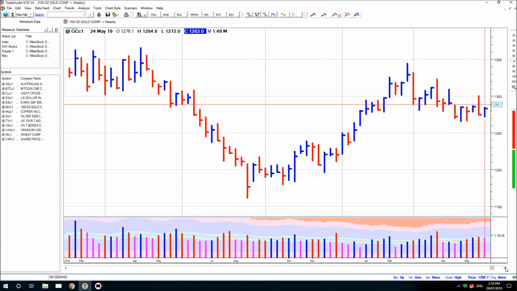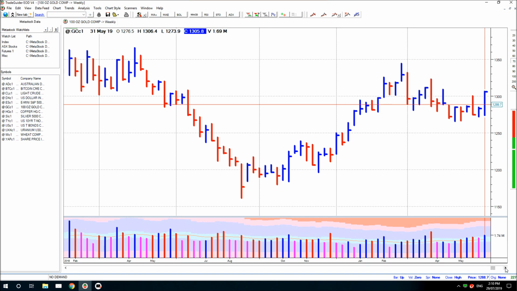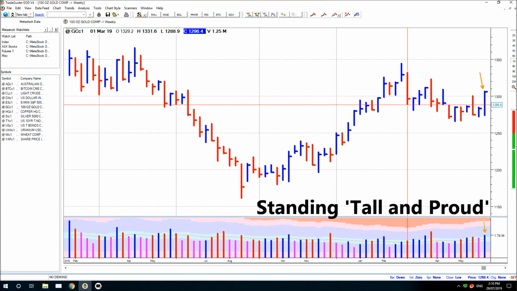Okay, next bar. And there's the intent. The intent to break back above this breakdown level, or this minor breakdown level that we had marked. The wide spread, the high close. Look at that bar. Let's just mark it. Look at this bar standing tall and proud on high volume like this.